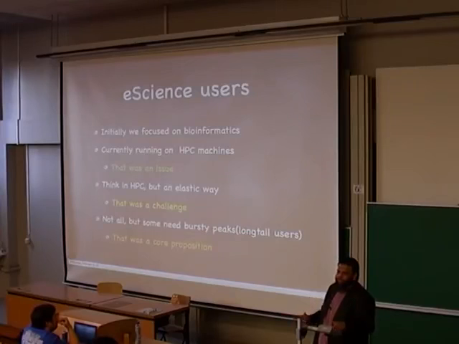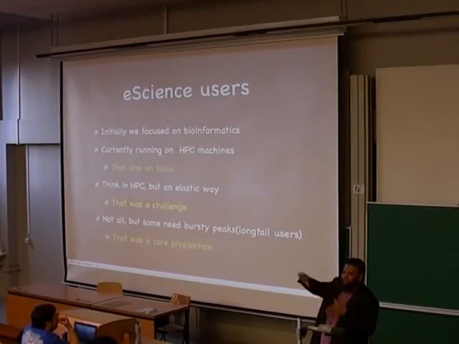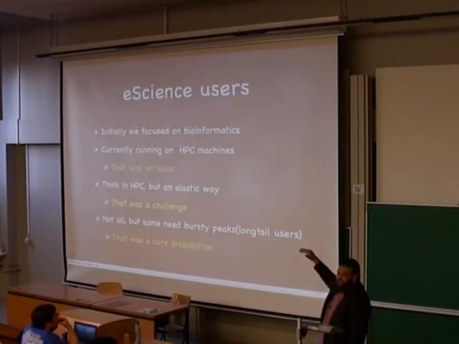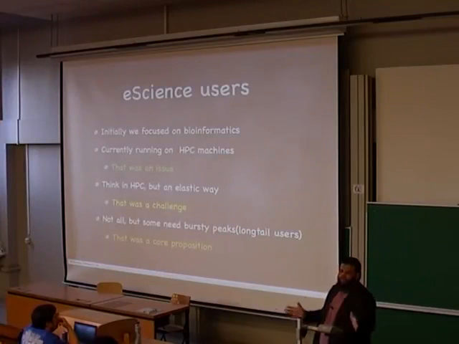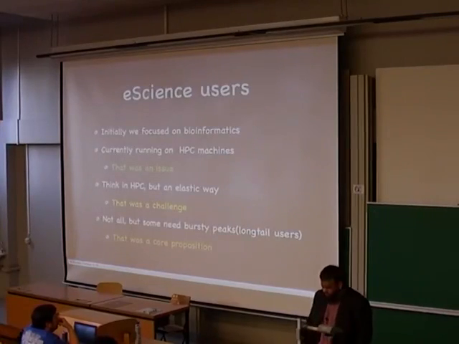Cloud is not for that. Cloud is for these long tail users who have small sets of problems but want peaks for a couple of hours, 2 hours, 3 hours, and then they go like this. If you see the Amazon slides, you see this elastic fashion where you go up and down. This was a core proposition for us.